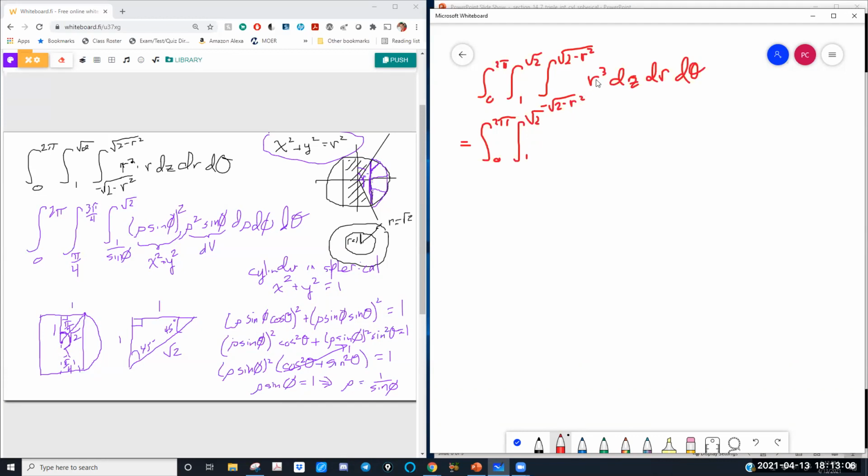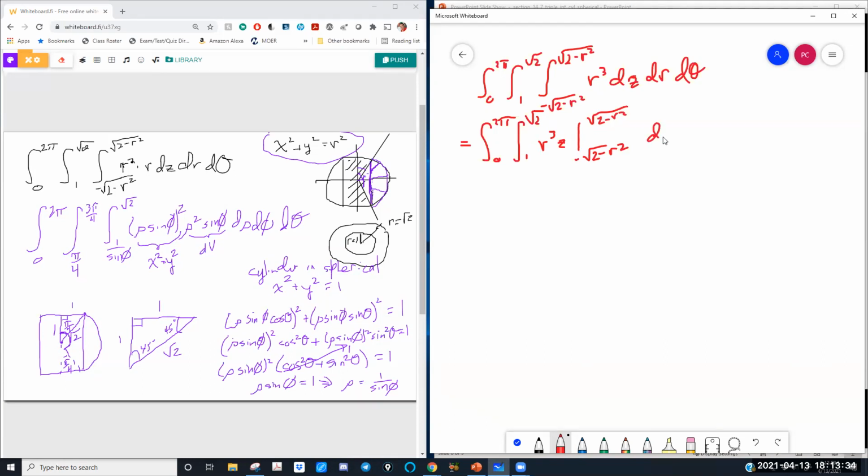And this is going to be r to the 4th over 4. No, excuse me, not r to the 4th over 4. What am I thinking? This is going to be r cubed times z. And z is going to go from negative square root of 2 minus r squared to square root of 2 minus r squared.